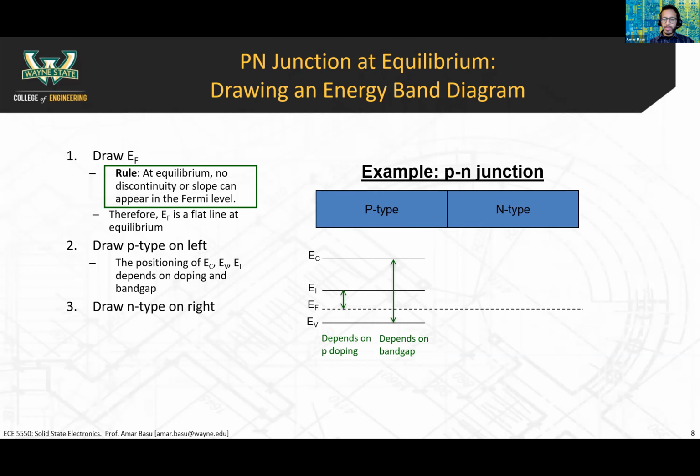Same thing on the right side, based on the doping. The Fermi level will be positioned some number of electron volts above EI. This distance will increase the higher the doping is. And again, the distance between EC, EI, and EV all depends on the band gap.